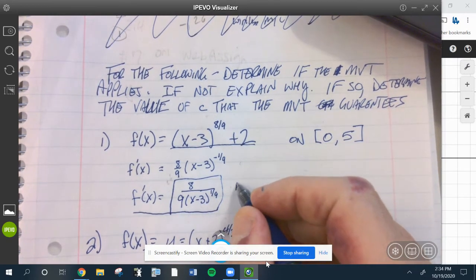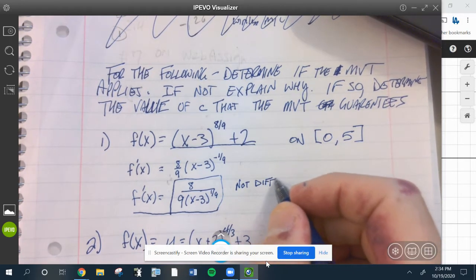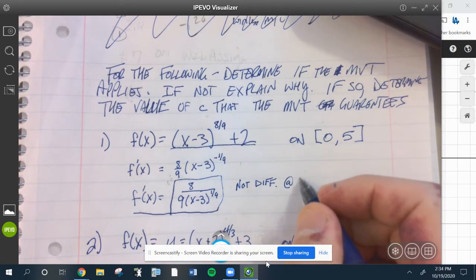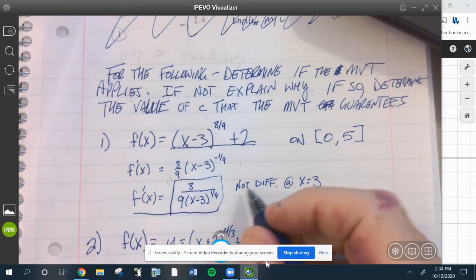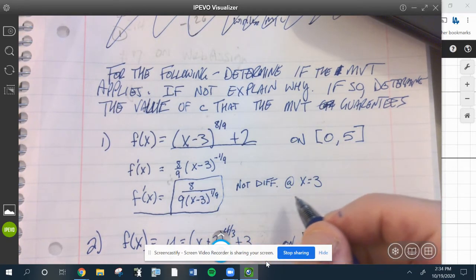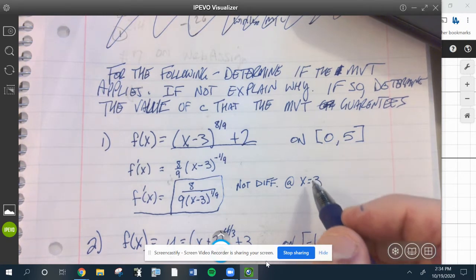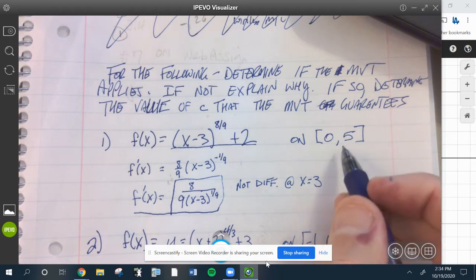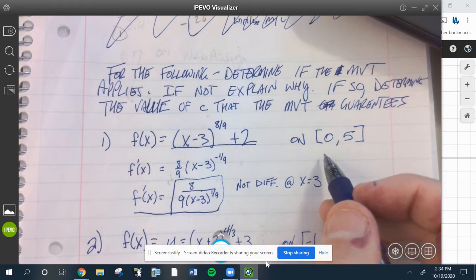So this function is not differentiable at x equals 3, because you can tell by the derivative. Now, the mean value theorem still could apply if it's not differentiable at some point, because it may not be in the interval. But if you look at the interval, since 3 is in the interval, this function is not differentiable in the interval.